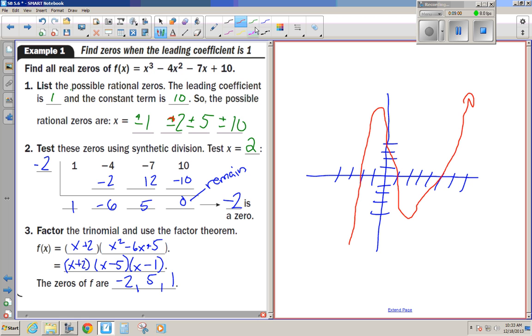And if you notice something, these numbers, negative 2, 1, 5, all of them are the x-intercepts of the graph. So that tells us that when you are testing, use the graph to pick the test points.